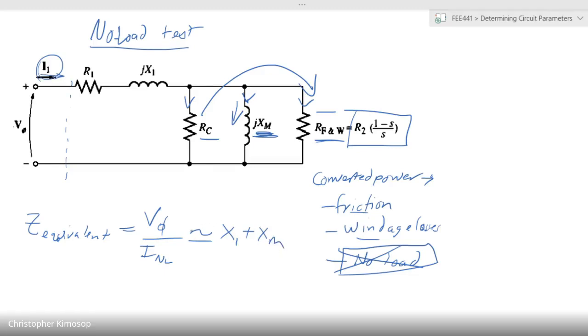The majority of the impedance seen by the supply is taken up by X1 and XM, right?